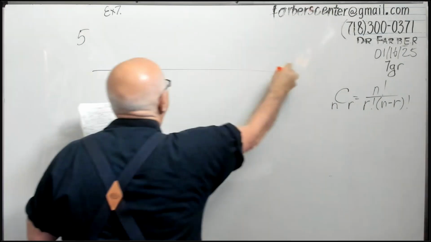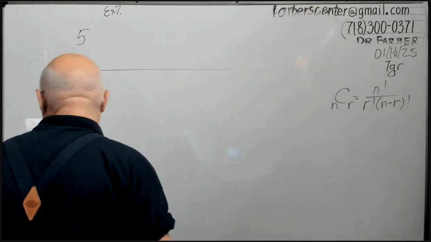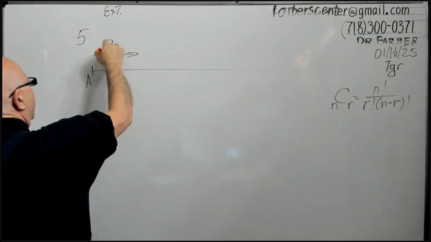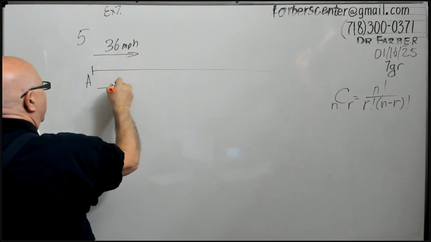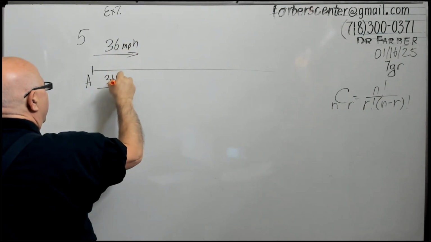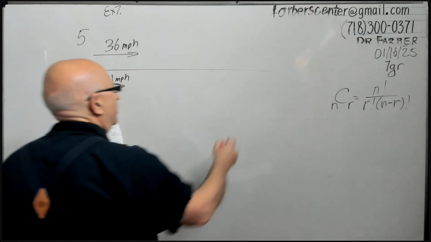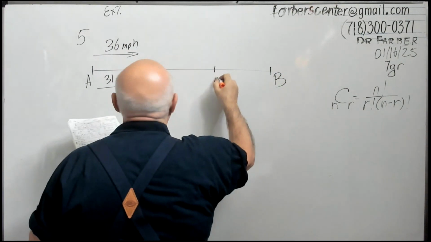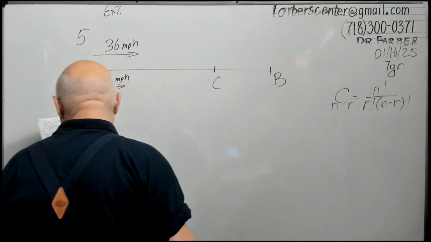Make a picture, and this is point A, and one car is 36 mph, and another one 31 mph, and in some place, this is point B, and then over here you have C. They catch up.